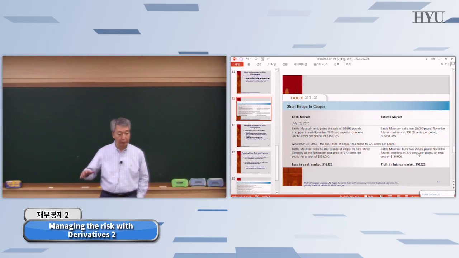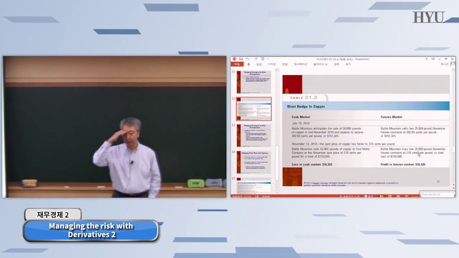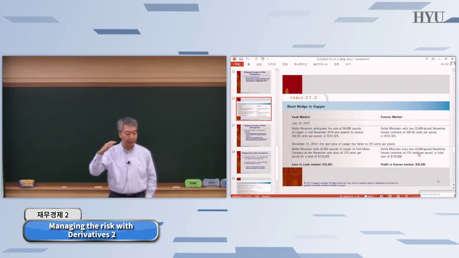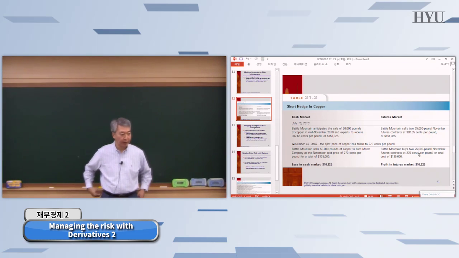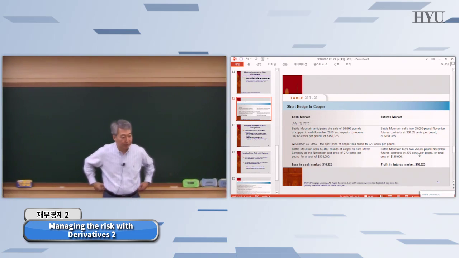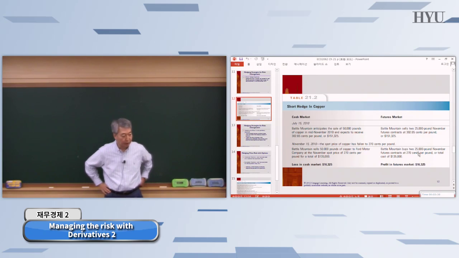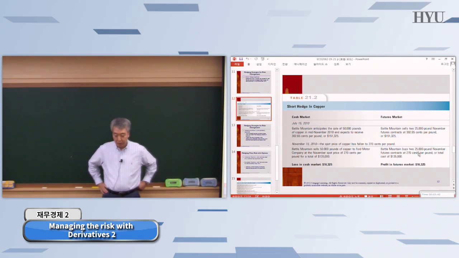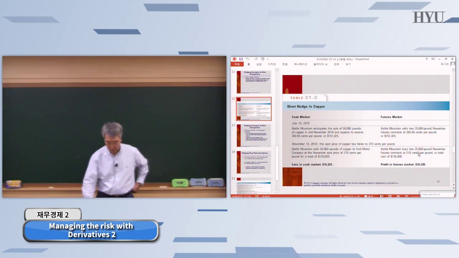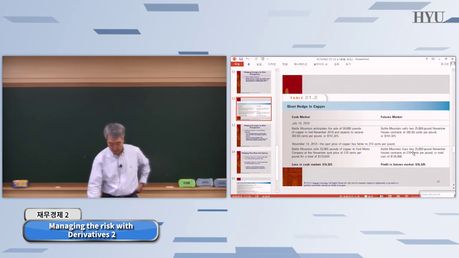Again, when the maturity comes, when the expiration date comes, the future price will be exactly the same as the spot price. So if the spot price is 270 cents, then the future price will go down to 270 cents.